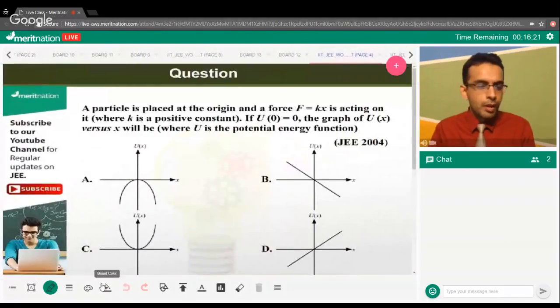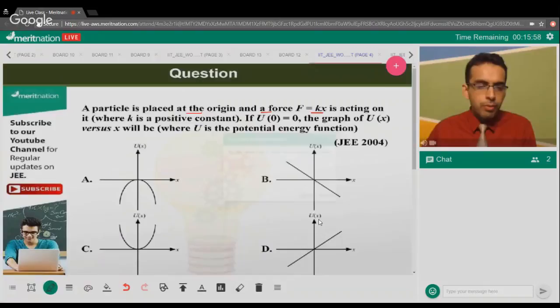Now, students, this question gives us a very important concept. See, what is the question? The question says that a particle is placed at the origin and a force F is equal to kx is acting on it, where k is a positive constant.